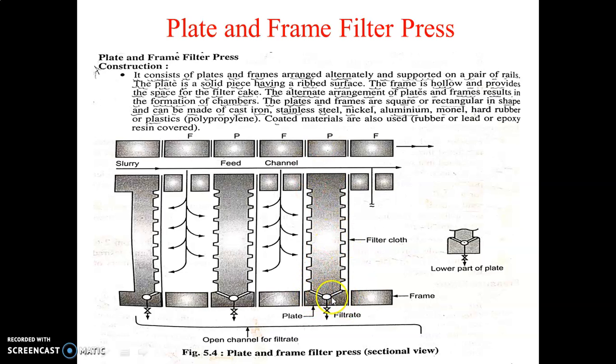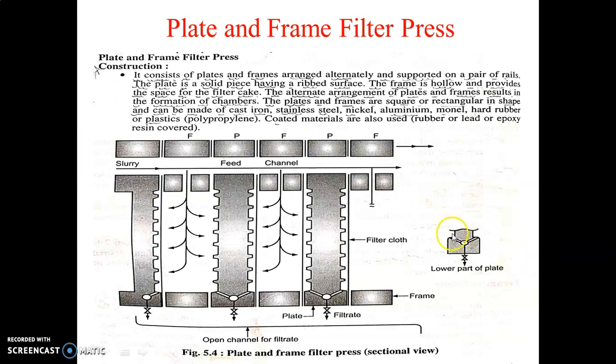The plate is cored. That means some portion is open in this plate, and a cock is provided. Cock is nothing but a valve. The valve is provided to remove the filtrate.